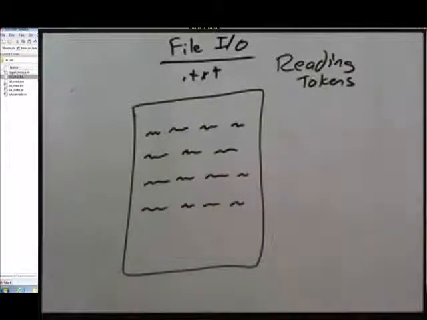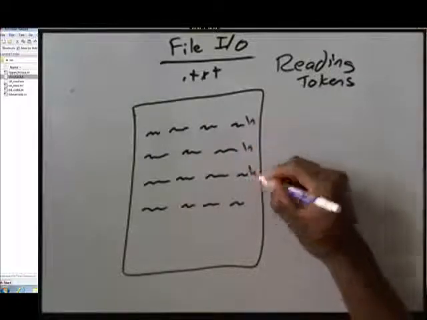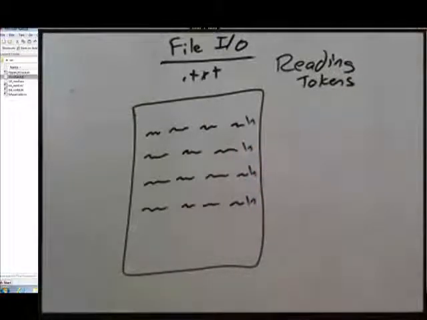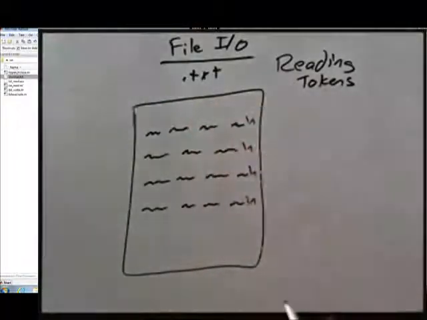And of course, each line will have an end of line or new line character at the end of it. So each little squiggly here represents a token, and I'm considering that my delimiter is the space.